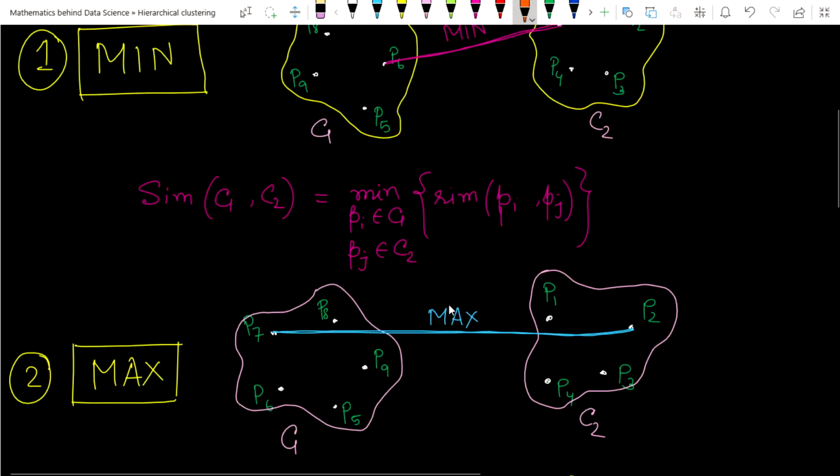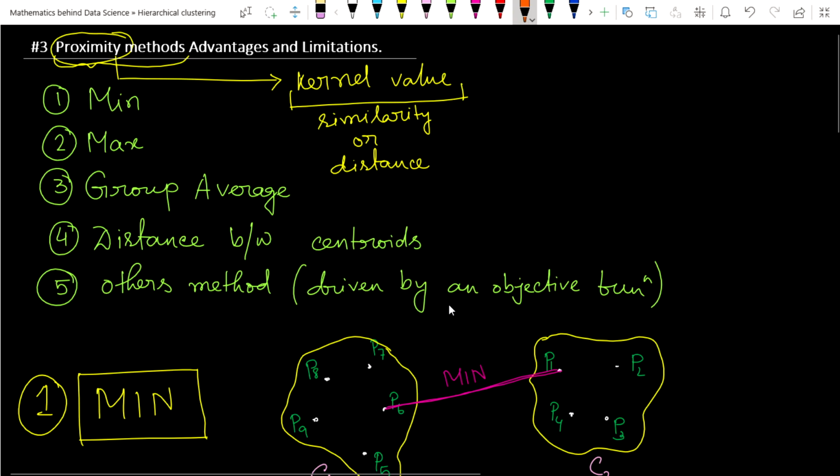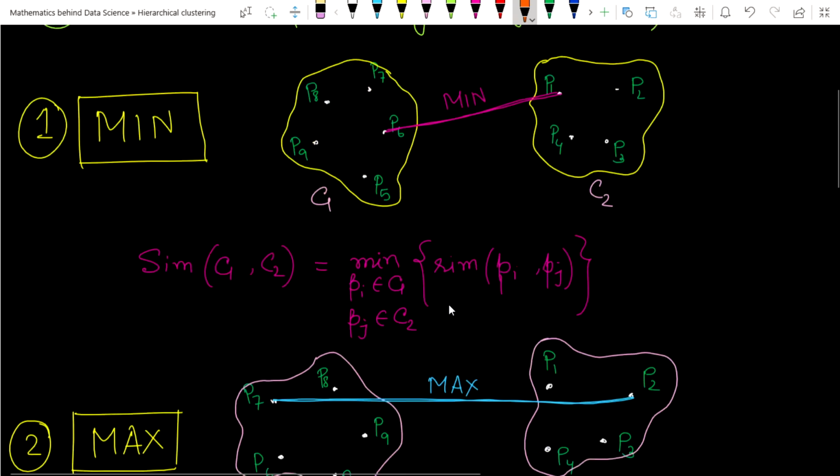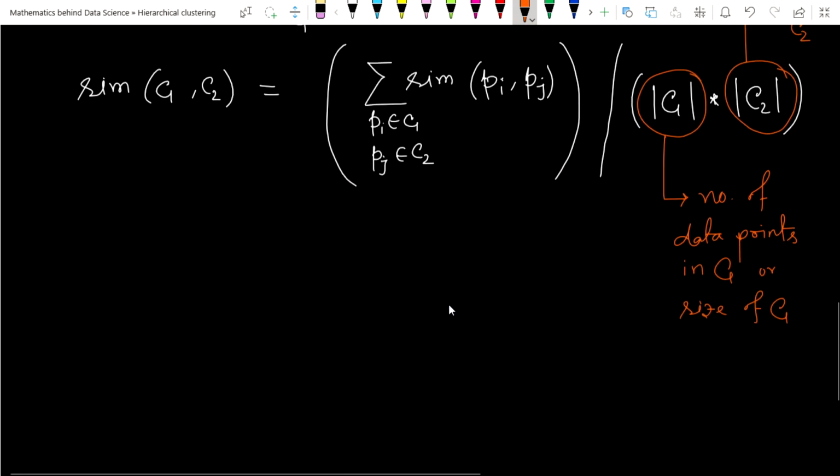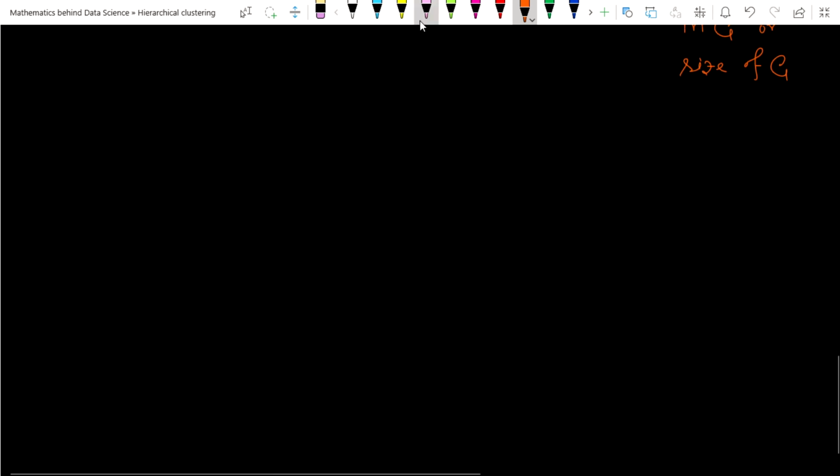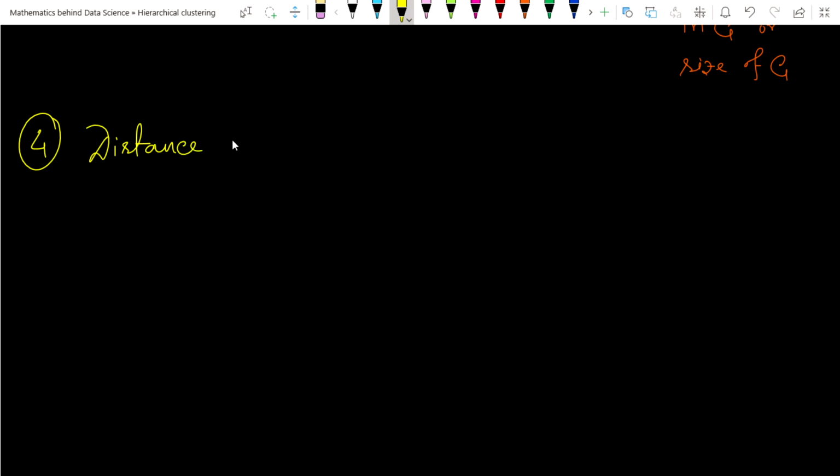Now let's come to the fourth one, distance between the two centroids. How will we compute this? So the fourth concept is the distance between two centroids.